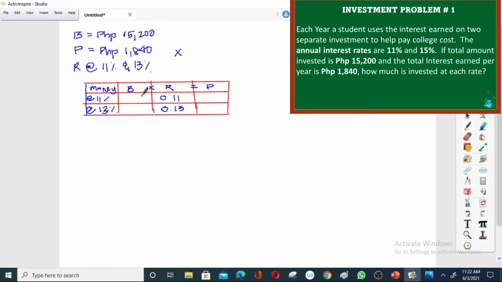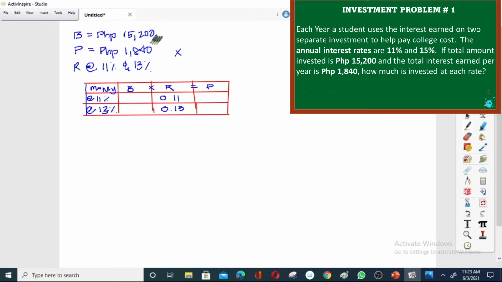Based on the problem, if they invested 15,200 and we subtract a certain value X, the other value will be for the 13%.